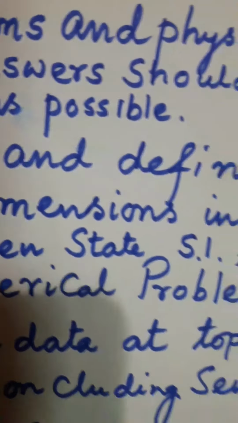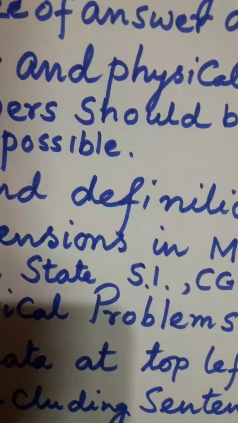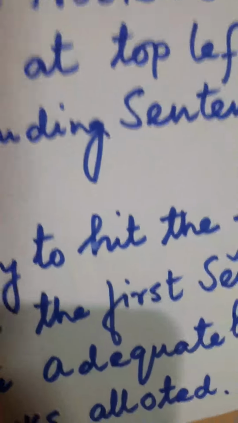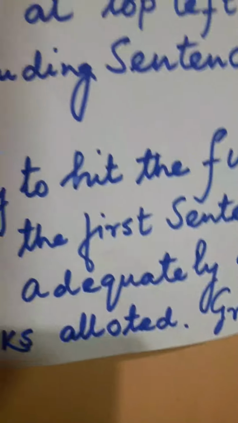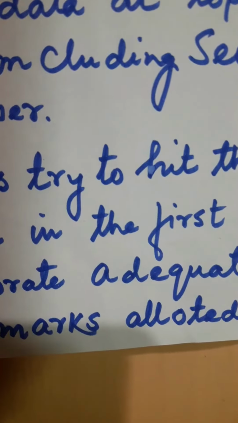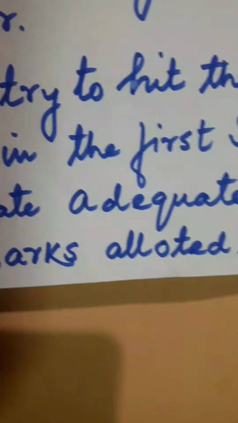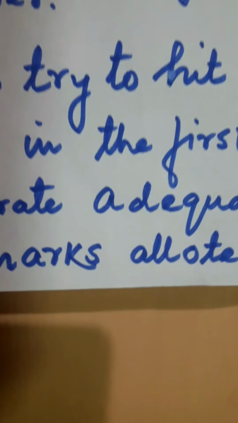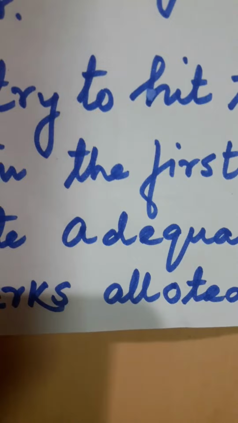Then define stress as sigma equals P by A and strain epsilon as delta L by L. Subsequently introduce concept of modulus of elasticity or Young's modulus as Y equals sigma by epsilon.